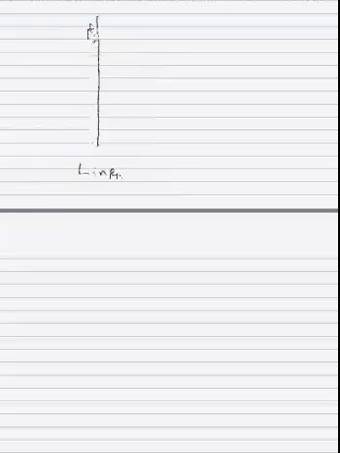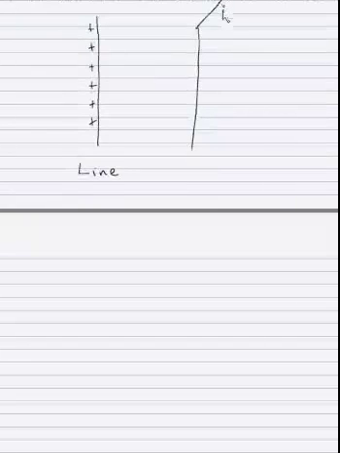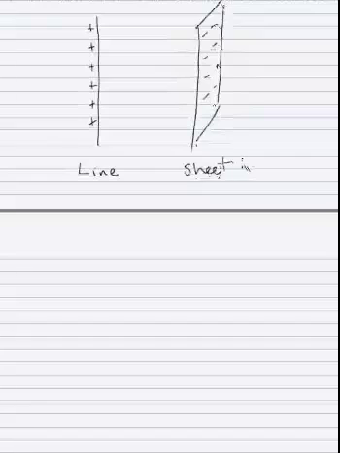The line charge has some positive charge distributed over it. Our sheet of charge is negative. And so let's look at the electric field from the line charge first.